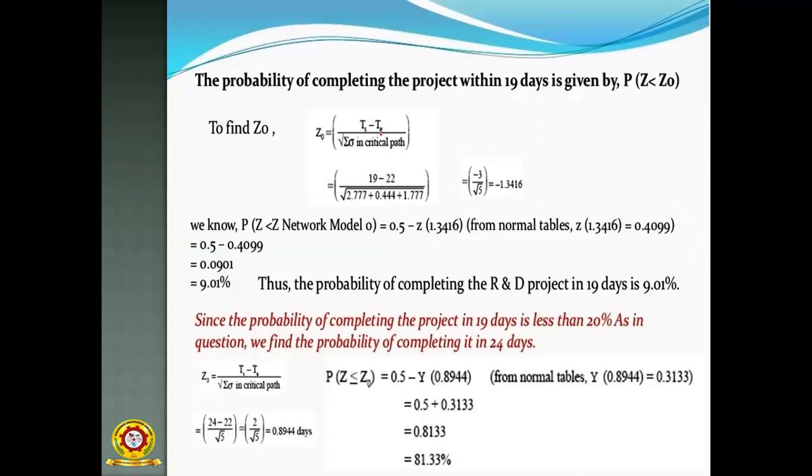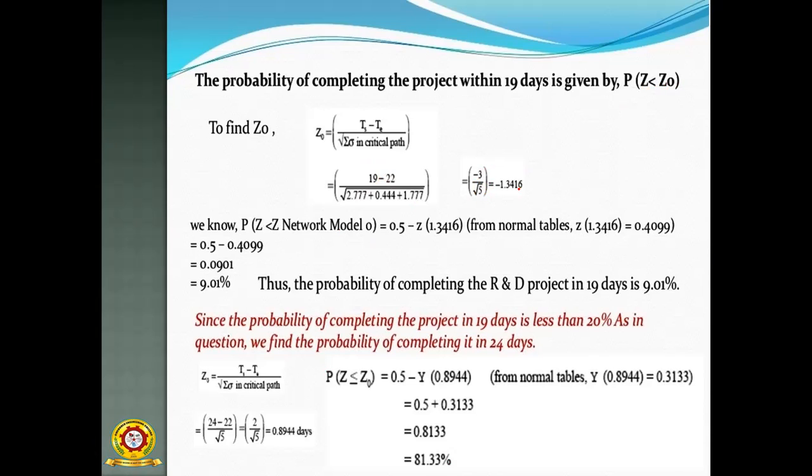So TS minus TE. The actual time given is 19 days, but it will take 22 days because the critical path is 22. So for 19 days, Z is less than Z0, where Z is the actual value: 19 minus 22, that is minus 3 by root 5.